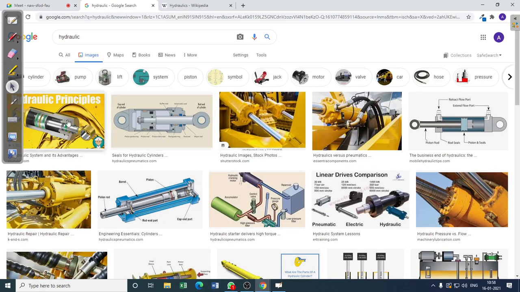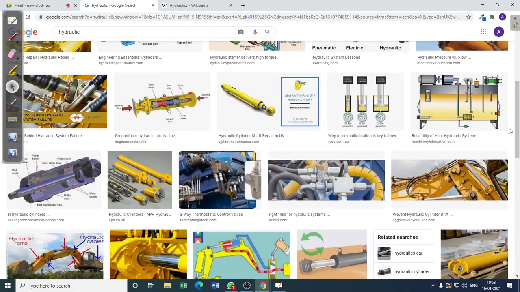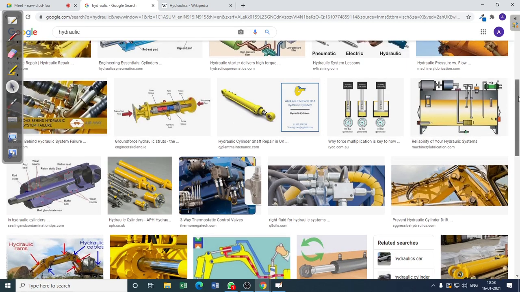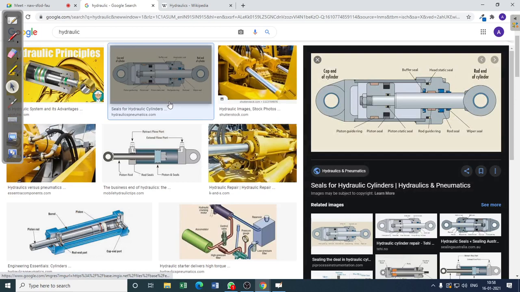As you can see here, this is the normal hydraulic system which you see in these heavy lifters, JCBs. You must have seen these JCBs. Here I can see two cylinders, and there is a fluid. Incompressible fluid is present, where when you give pressure to one cylinder, the other can be lifted.